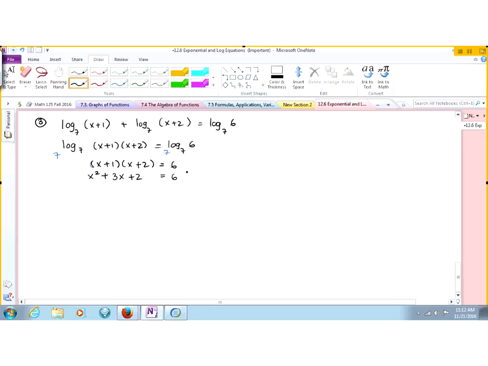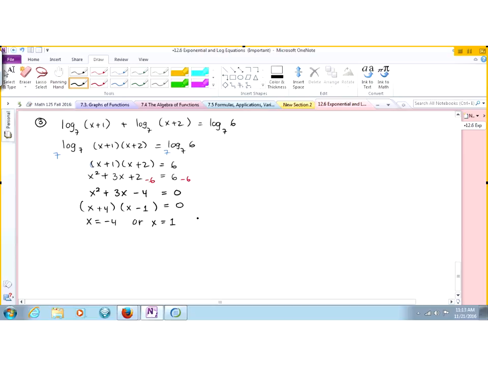Do we know how to solve this? Yes, so subtract 6 from both sides, right? So we have x squared plus 3x minus 4 is 0. Now, is it factorable? X plus 4, x minus 1? So x is equal to negative 4 or x is equal to 1.